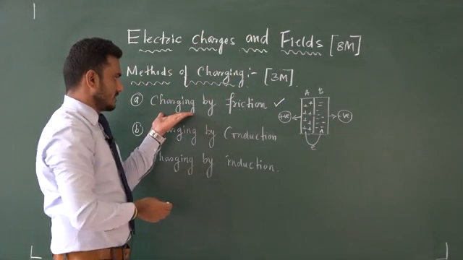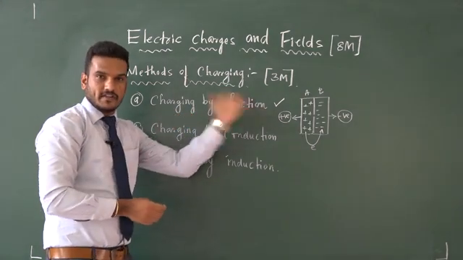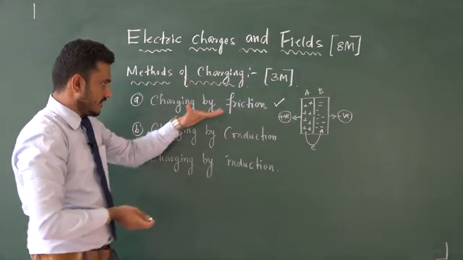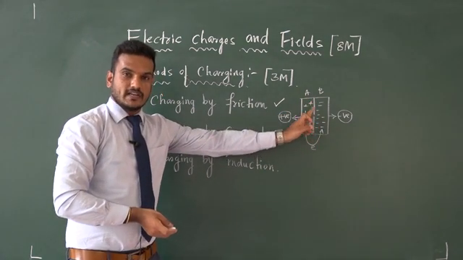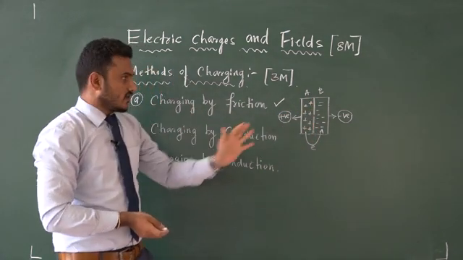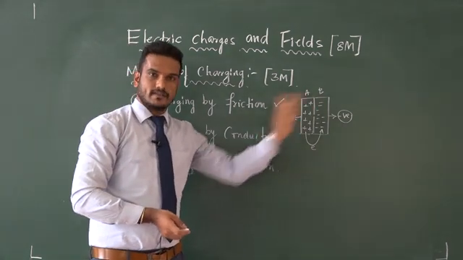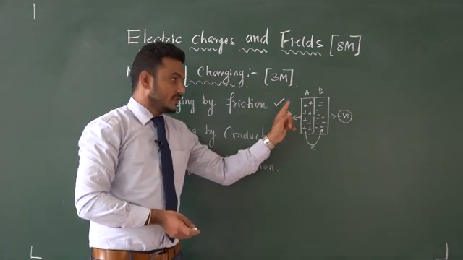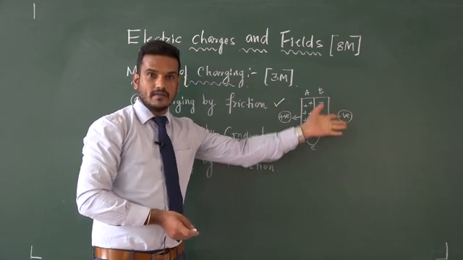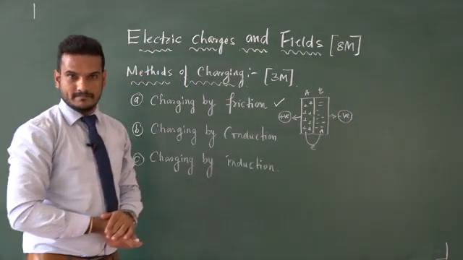So this is the first method, that is charging by friction. The electrons transfer from one body to another; the body which loses the electron becomes positively charged, and the body which gains the electron becomes negatively charged.